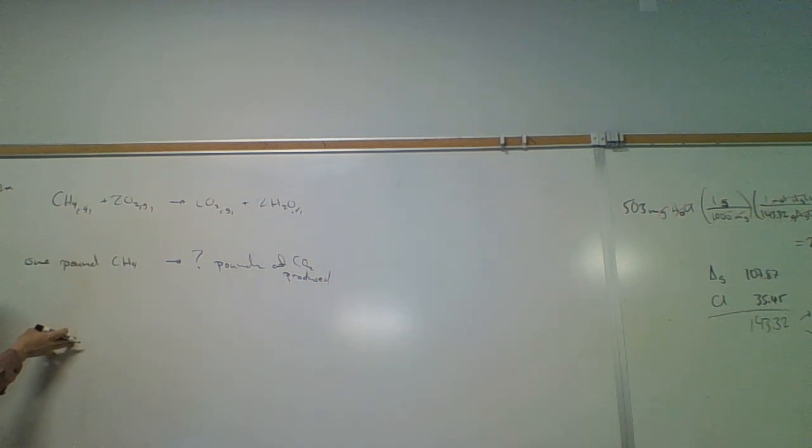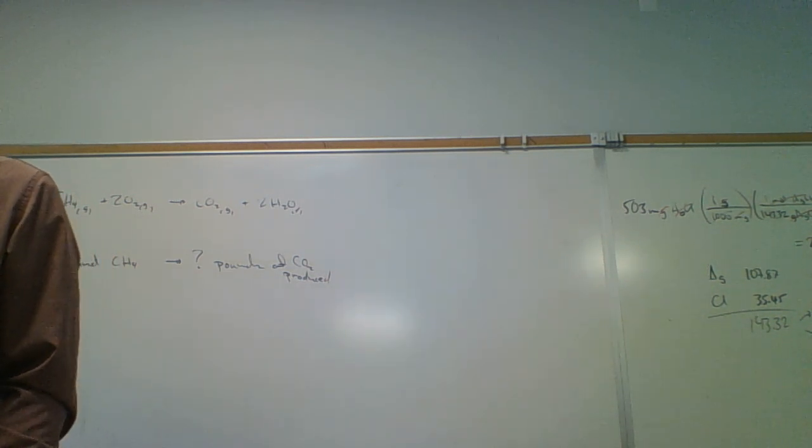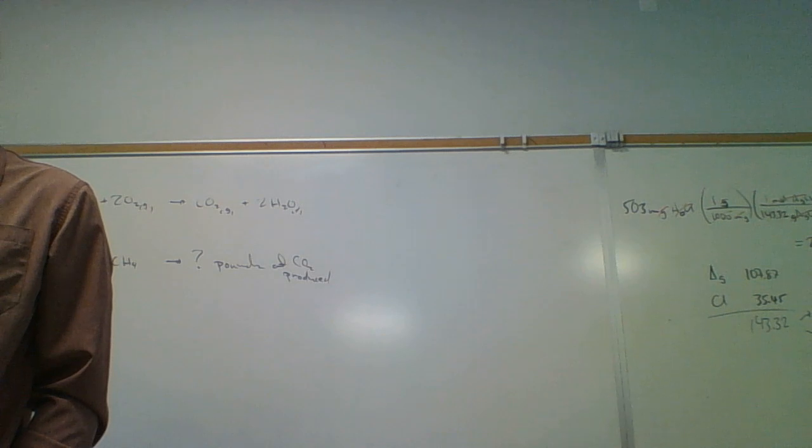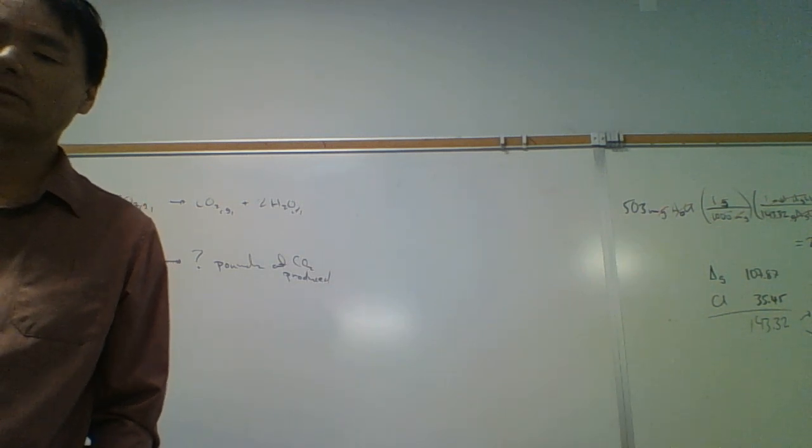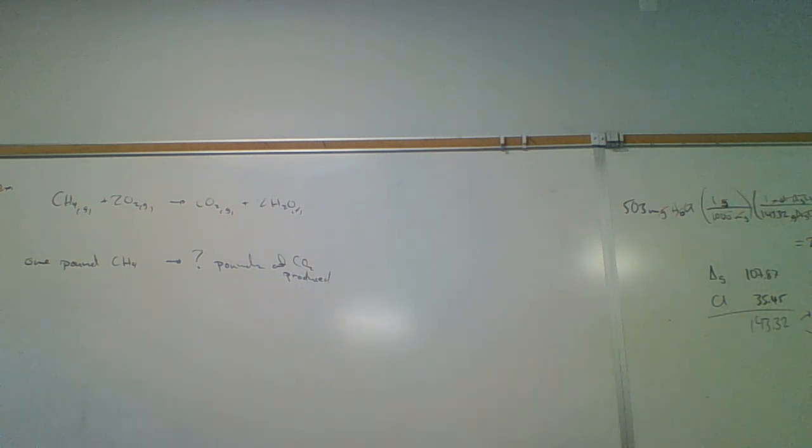You burn it in air, so there's an excess of oxygen. So we're going to burn this methane in excess oxygen. If we burn this methane in excess oxygen, how much CO2 is produced? So this is going to be the stoichiometry.